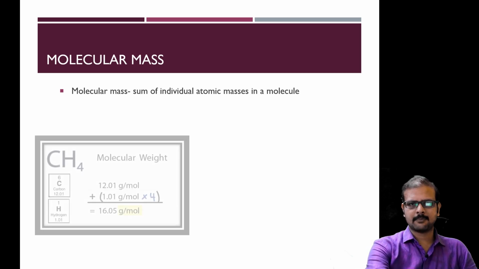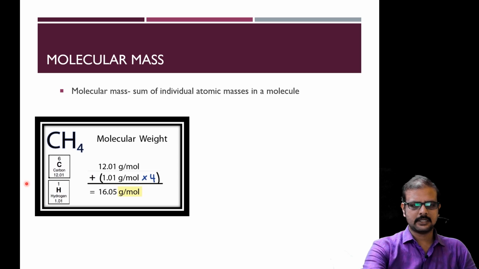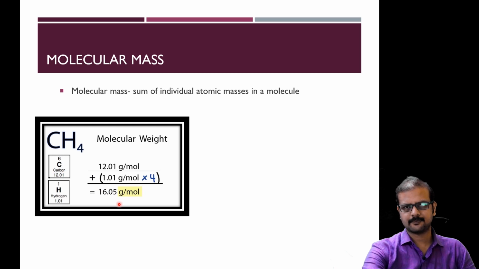If we see an example, say methane, where we have 1 carbon and 4 hydrogen atoms. The carbon has 12 grams of mass, whereas hydrogen has 1 gram. So 4 grams plus 12 grams will give 16 grams per mole. This is the molecular weight of methane.